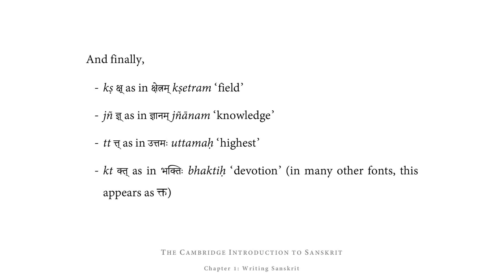So even if you know the signs for k and t, or if you know the signs for k and sh, j and ny, and so on, you will not be able to recognize those conjunct consonants. And so what you need to do is basically whatever you did to memorize the individual consonants, you should also do in order to memorize these new 4 conjunct consonant signs.